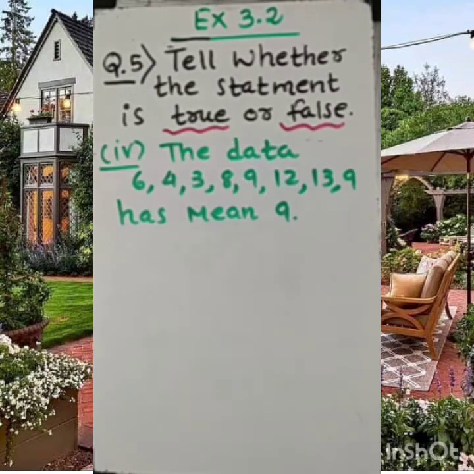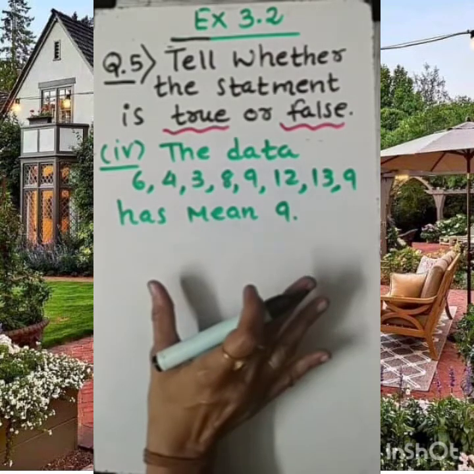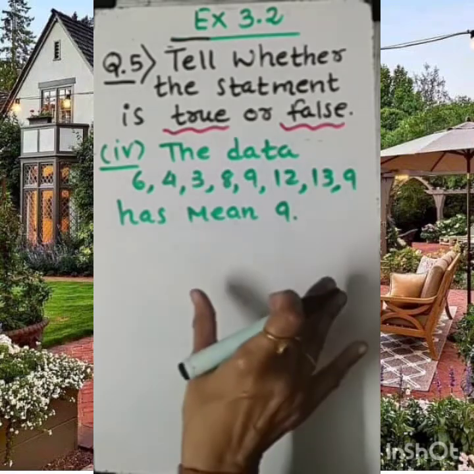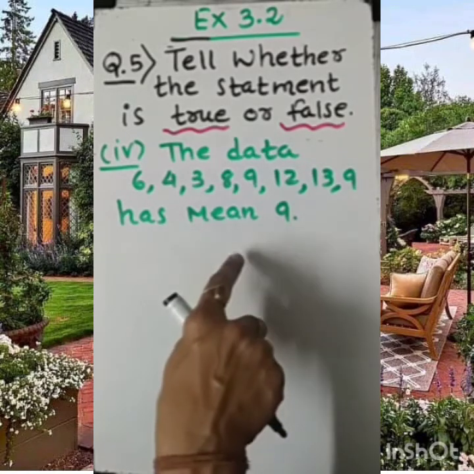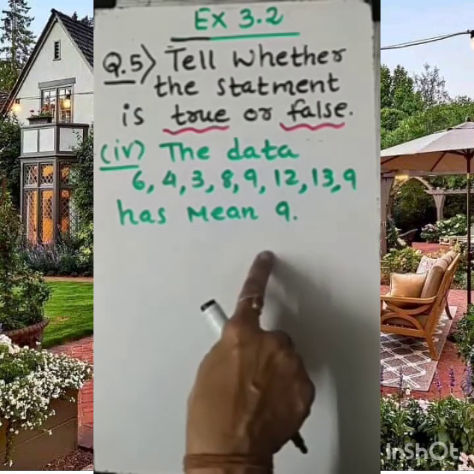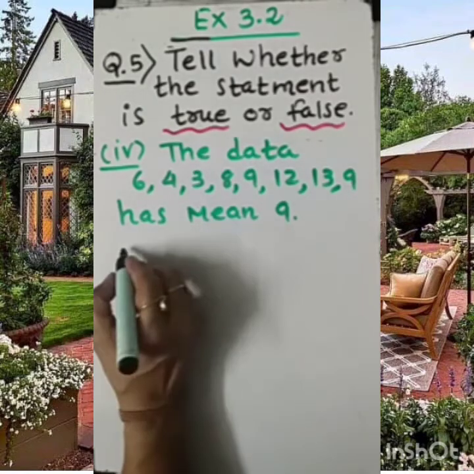So my dear student, the fourth true false is on your screen. The data 6, 4, 3, 8, 9, 12, 13 and 9 has mean 9. It means that the mean of the given observations is 9 here. So my dear student, it's very simple and very easy. Without calculating, we cannot come to the conclusion whether the given statement is true or false. So first of all, we need to find the mean.